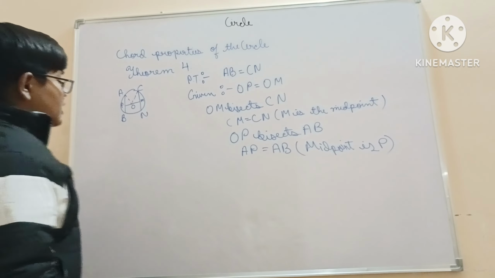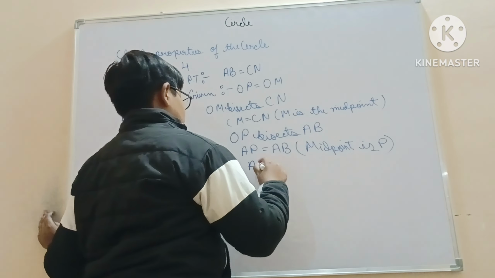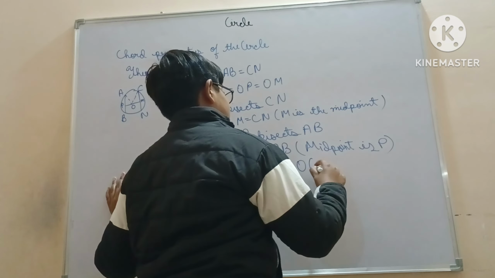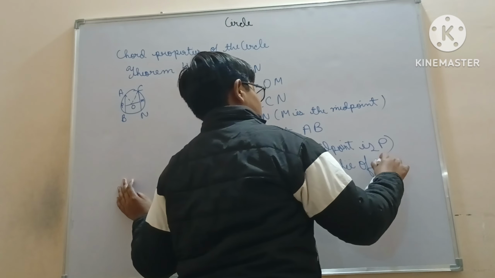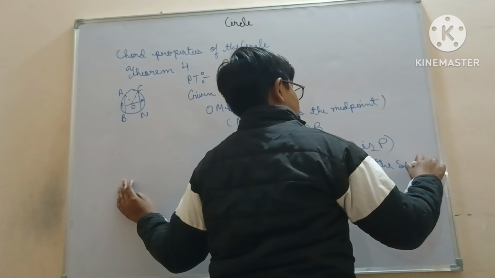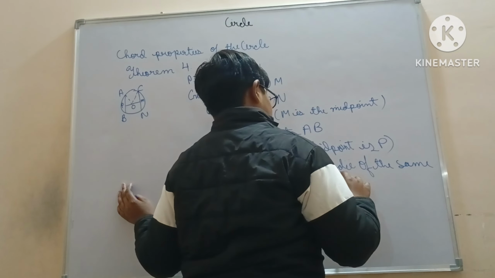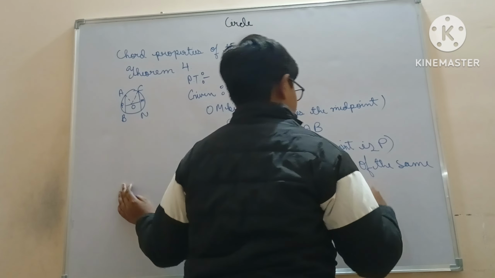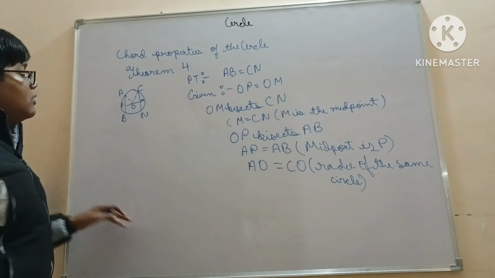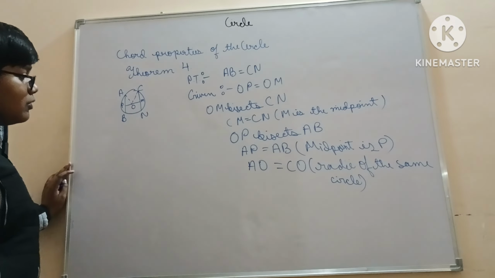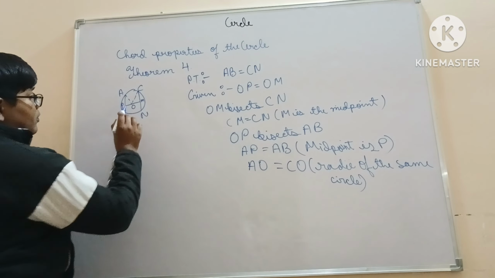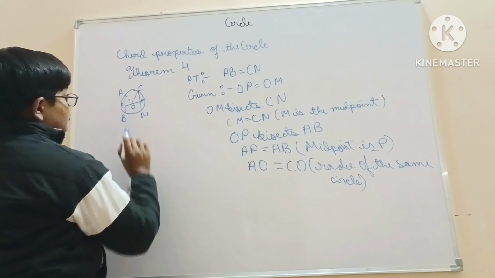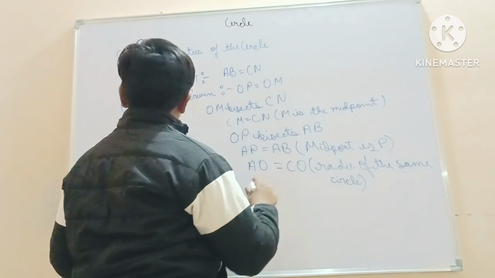So now we can state that AO is equal to CO, and these are radii of the same circle, and OP is equal to OM.